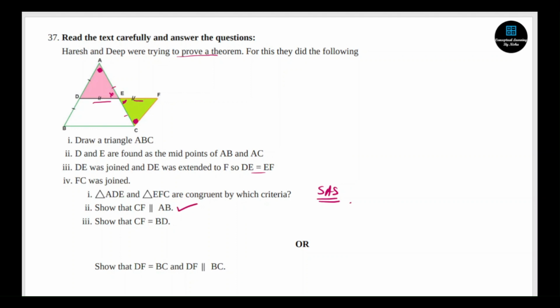So you can prove this, and then you can show that CF equals BD. Now see what I can say, by CPCT CF equals AD and D is a midpoint, so AD equals BD. So you can say that CF equals BD. So you can prove this also.